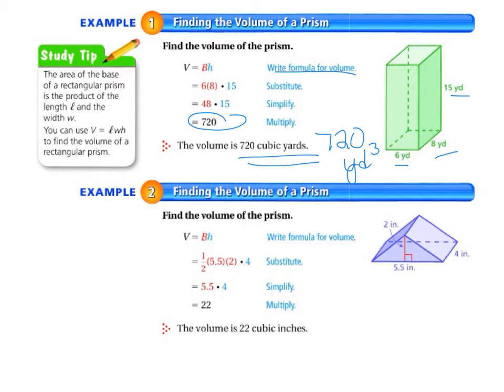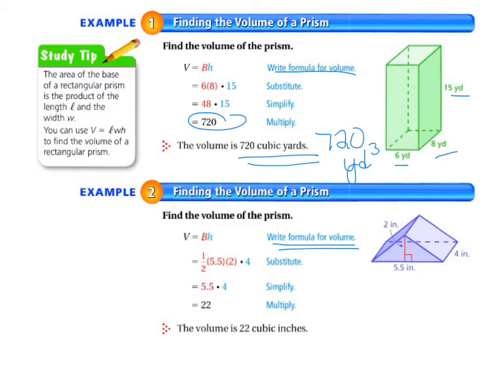Example 2, finding the volume of another prism. So write the formula for volume again, and we're going to substitute in our numbers. So remember that our base of this prism is the triangles on the end. So base for a triangle is 1/2 little b base times height.